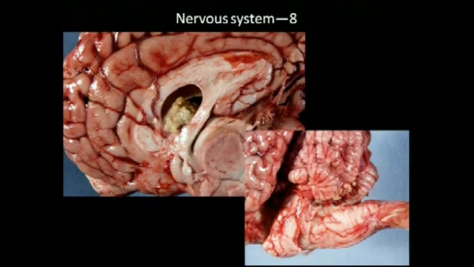Nervous system, slide 8, we are looking at two pictures of the same brain, and one is a sagittal section peeking into the lateral ventricle, and we see that the choroid plexus is expanded by an inflammatory process that consists of yellow coalescing nodules. And remember, when we see nodules, we think granulomatous, and this is such a common lesion in the horse that we may almost have a knee-jerk reaction.